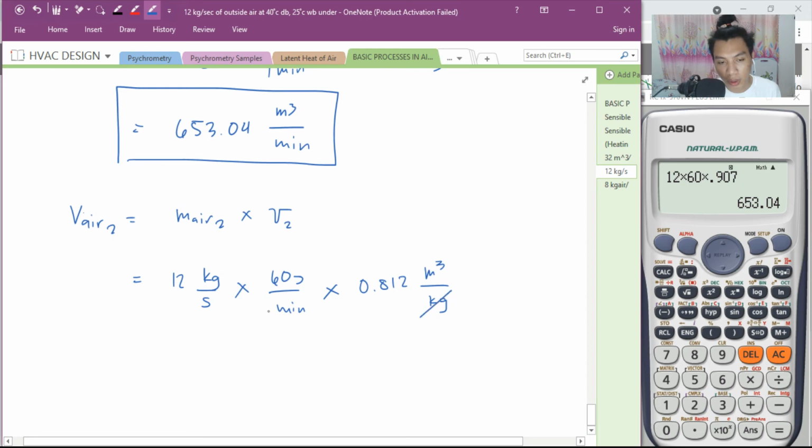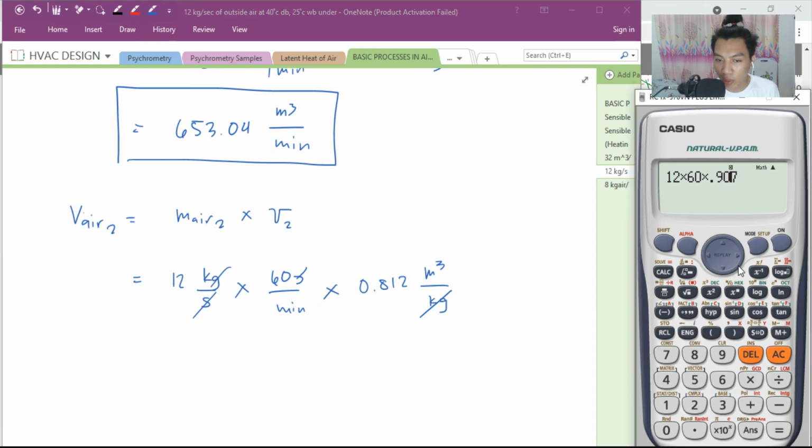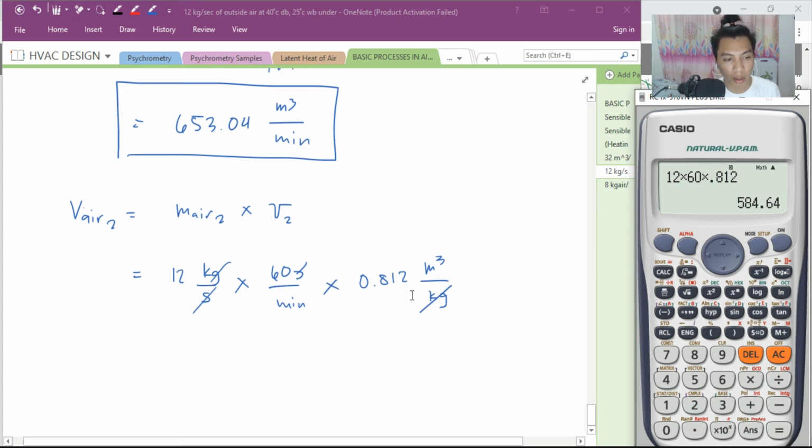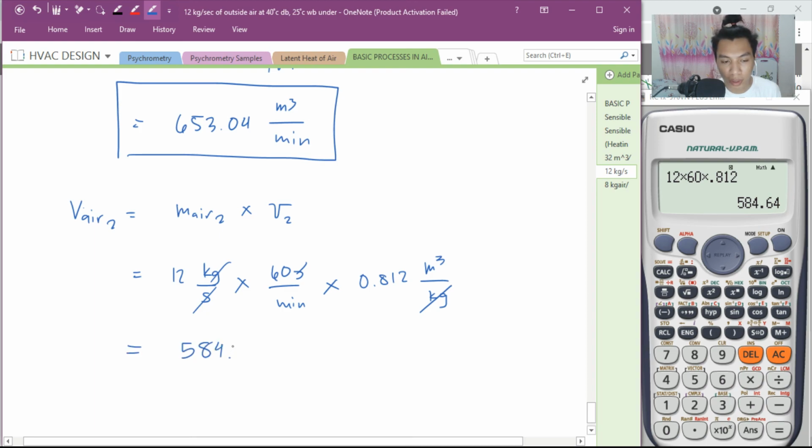We cancel all the same units. Ang lumabas is cubic meter per minute pa rin. So, baguhin ko na lang yung dulo, 0.812. The answer is 584.64 meter cube in every minute.